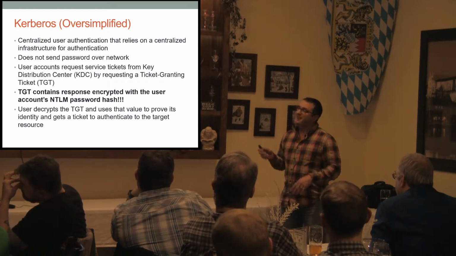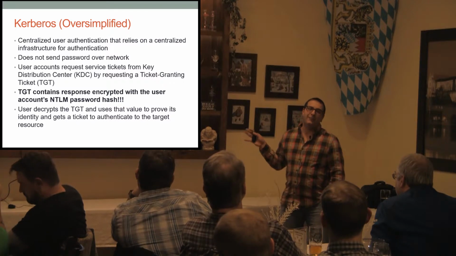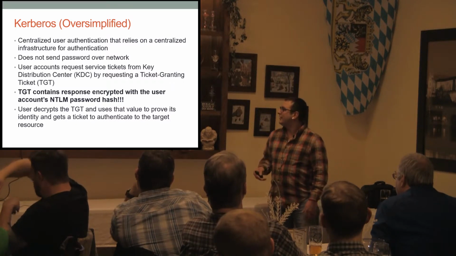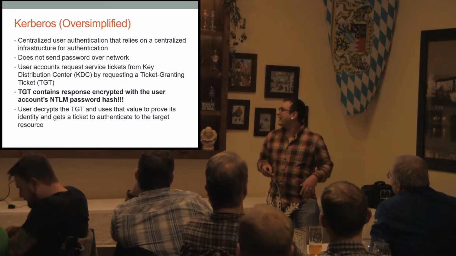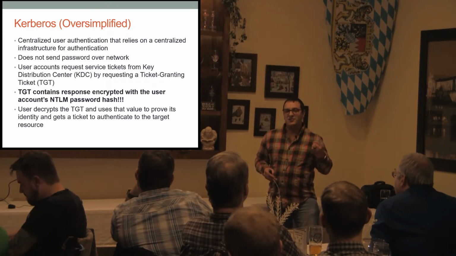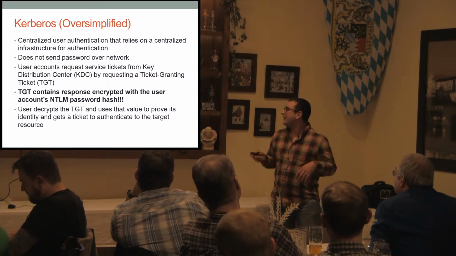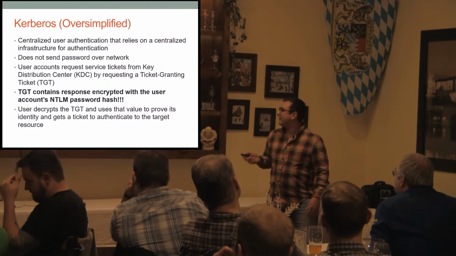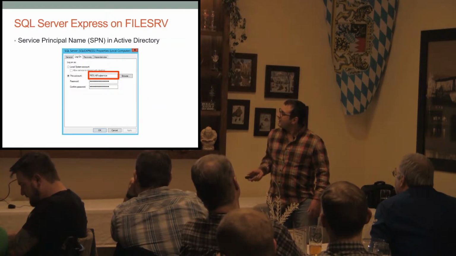And if that's way too much to conceptualize, all you really need to know is that there's some value in there that is encrypted with the password hash of the user account that is requesting the ticket granting ticket.